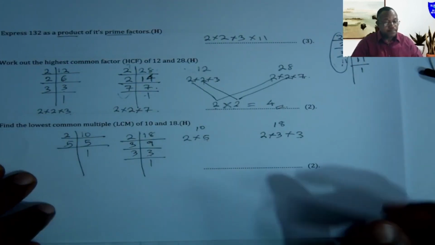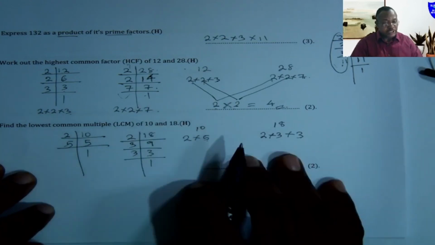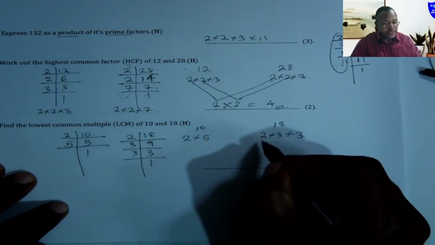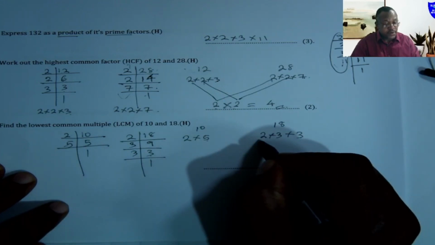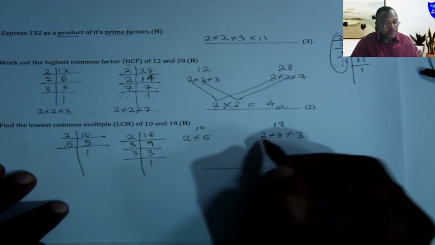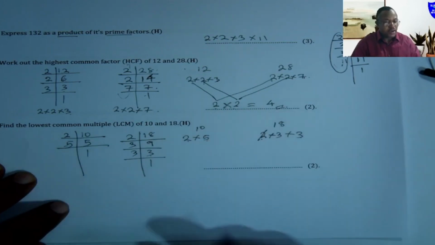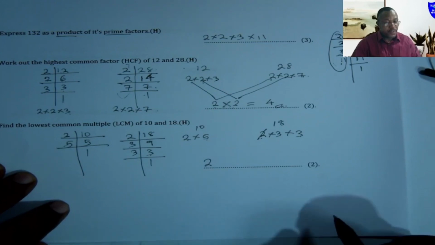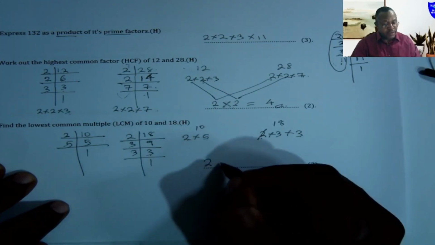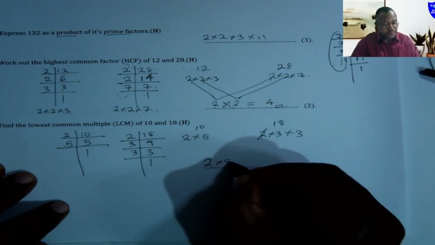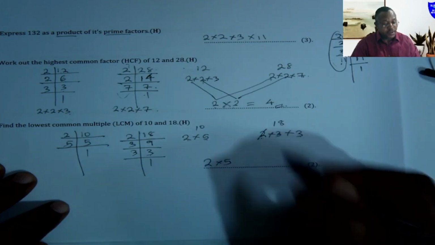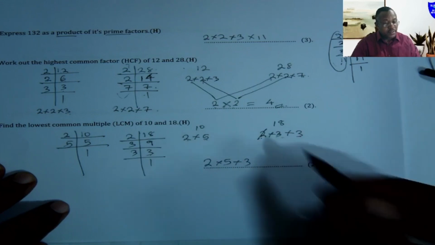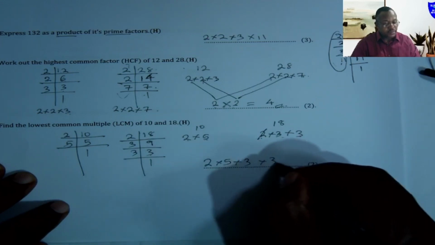Okay? Now, in this case, right, we look at those that are common. Right, 2 and 2 are common, so we cross out 1 from one side. We keep the 2 there. Right, then we bring down the 5 because it's not common. 3 here is not common. 3 there is not common.